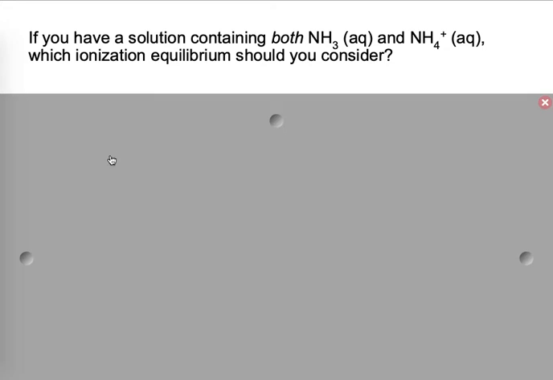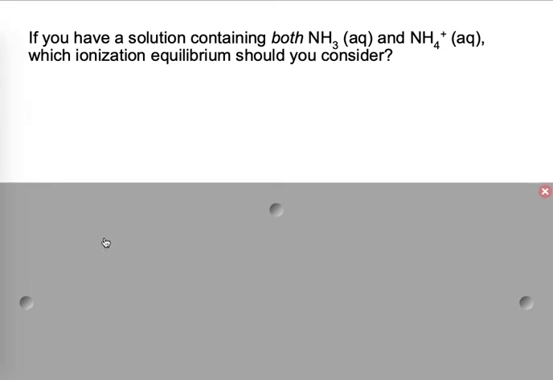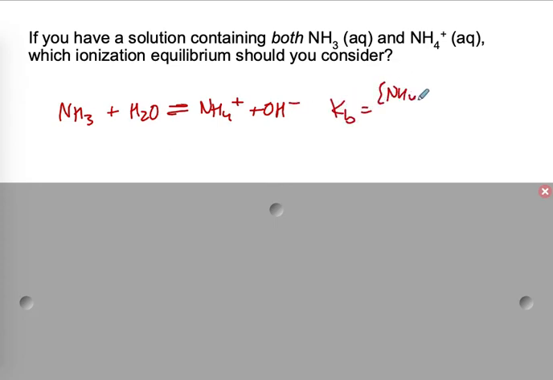Now, let's summarize. Here's an important point. Suppose I have a solution, and all I tell you is it has both ammonia and ammonium. Which ionization equilibrium should you consider? Well, you could consider the weak base ionization of ammonia, producing ammonium plus hydroxide, as governed by the Kb expression and the numerical value of Kb.